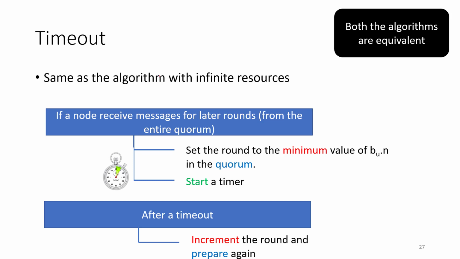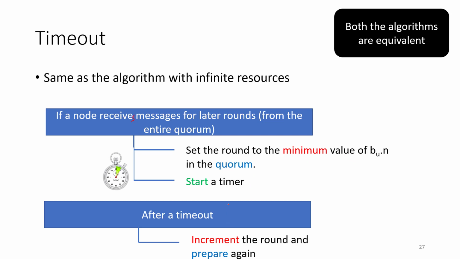In the timeout mechanism, both the algorithms are equivalent. It is the same as the algorithm with infinite resources. If a node receives messages for later rounds from the entire quorum, then you set the round to the minimum value of b.n in the quorum and you start a timer.